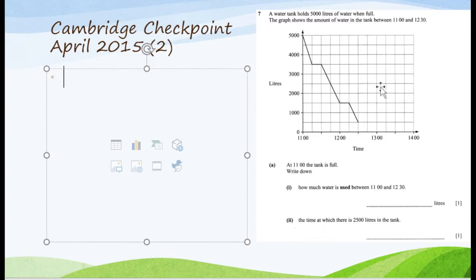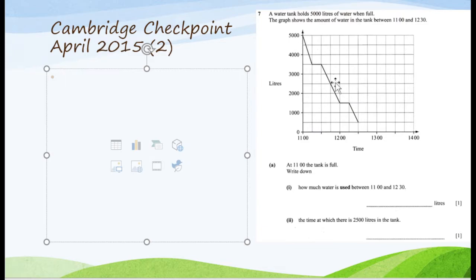The graph shows the amount of water in the tank between 11 and 12:30. Again, try to understand the information that is shown using this graph. So here, this is the time, this is the liters. So we can assume that, for example, at 11, the tank might hold 5,000 liters.